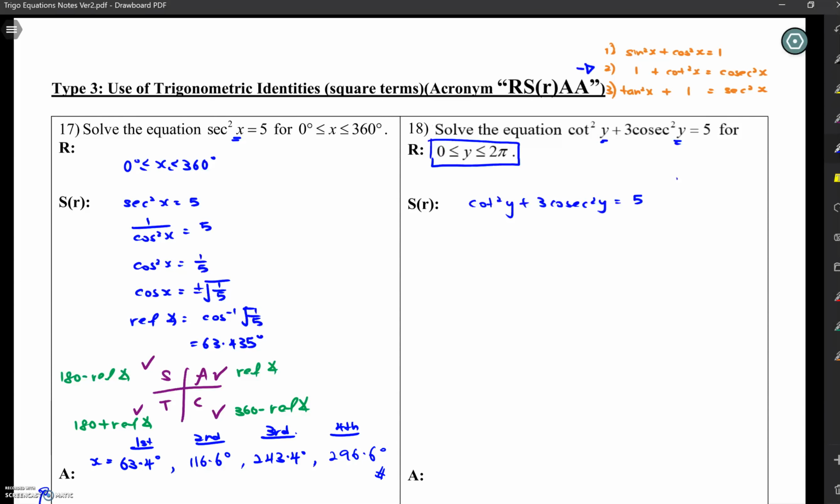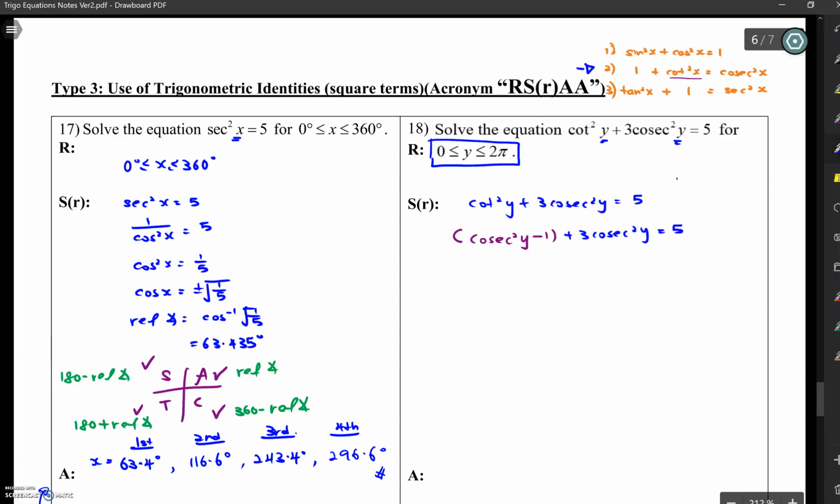So what I'll do next is simply substitute that value. Use a color. So cotangent square x here, you can see that it's actually equal to cosecant square x minus 1. So here I can write cosecant square y minus 1. The rest will just be written the way it is, equals to 5.